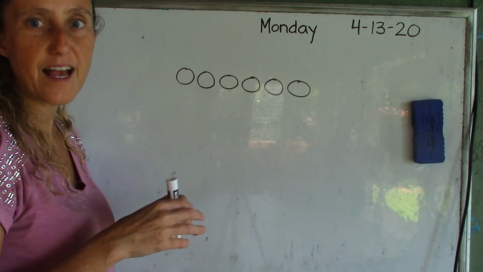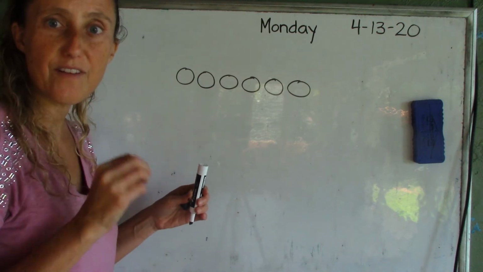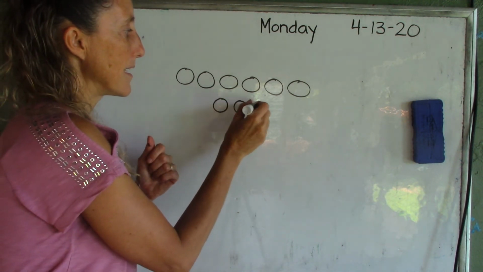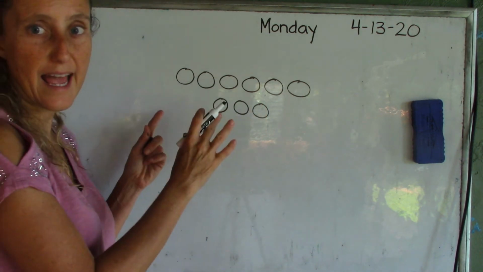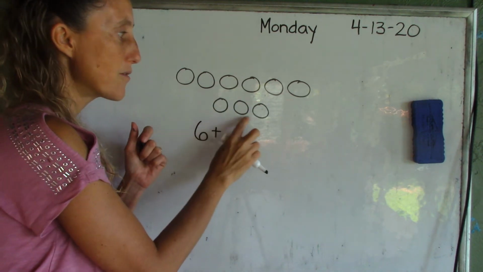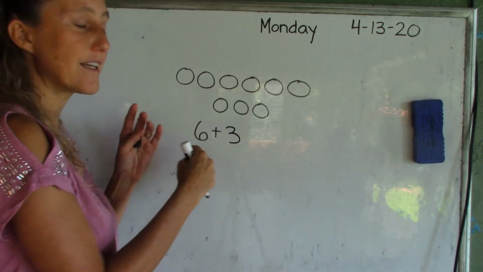A half a dozen is 6. And then I was looking through my coins, trying to find some more quarters, and I found 3 more pennies. How many do I have now? Well, I had a half a dozen, which is 6, and then I found 3 more pennies, right? So when you find it, you have more.